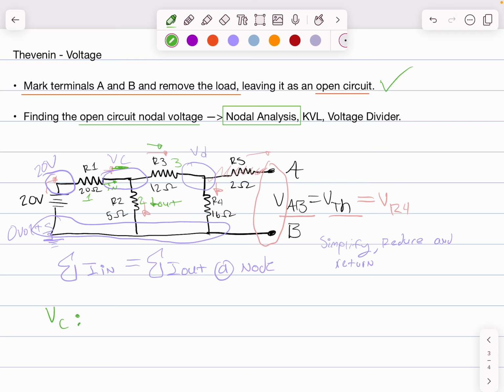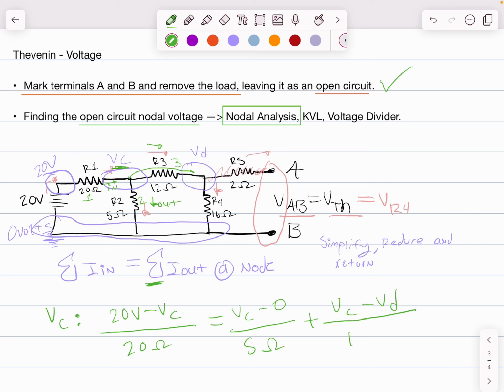So if I was to write this, I would say 20 volts minus VC over my 20 ohms. That's my current going in. And then my 2 currents going out. Remember, this is the summation symbol. So I'm going to add those 2. One of my currents out is going VC to ground over the 5 ohms. My other one is going VC minus VD. So I'm going from VC to VD over my 12 ohms.